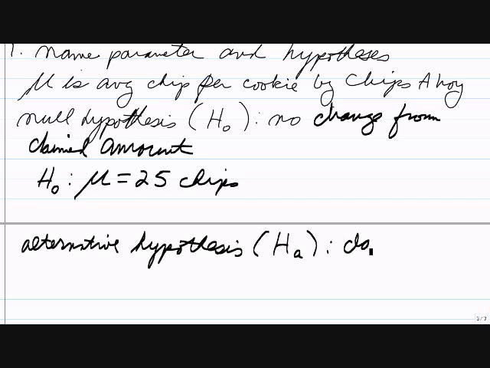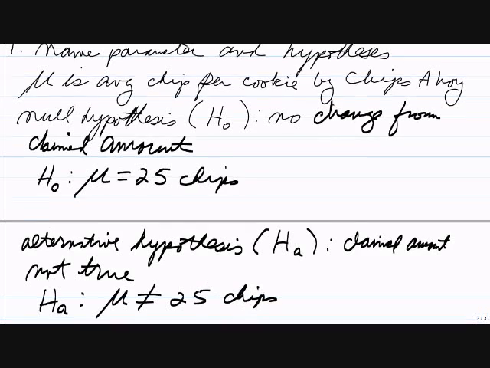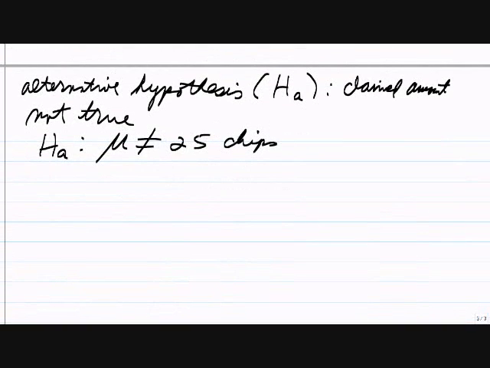So, and we'll write that one symbolically. H sub A equals mu is not 25 chocolate chips. Okay?